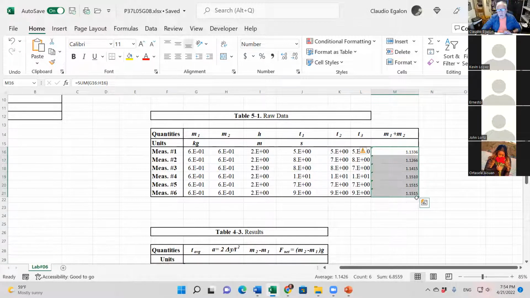It's 2 out of 110, less than 2% difference. So this value here is very close to this one. That's the way you're supposed to do the experiment. The net mass M1 plus M2, and there's a reason for that. For measurement 1 it should be almost the same as measurement 2, measurement 3, 4, and so on.